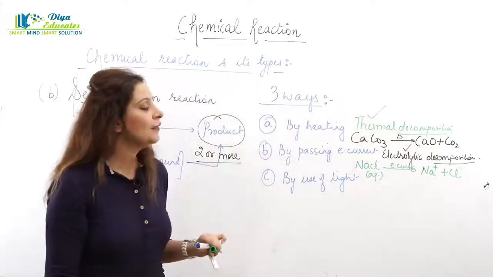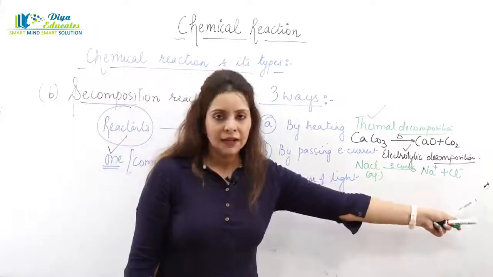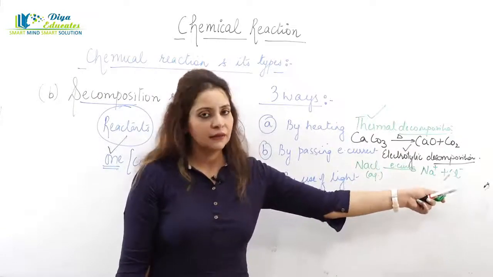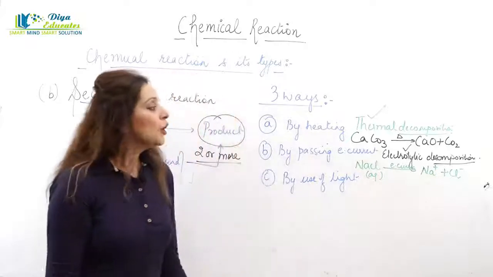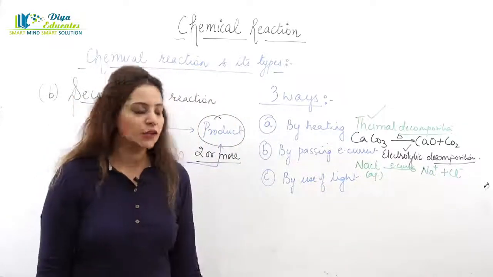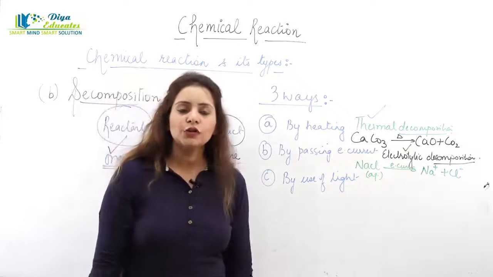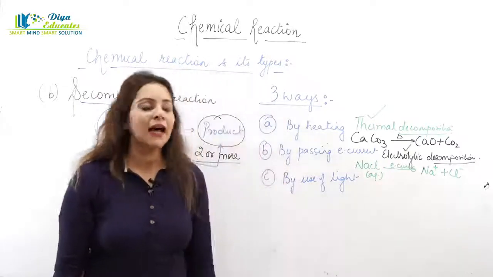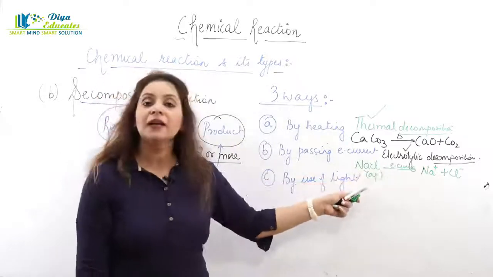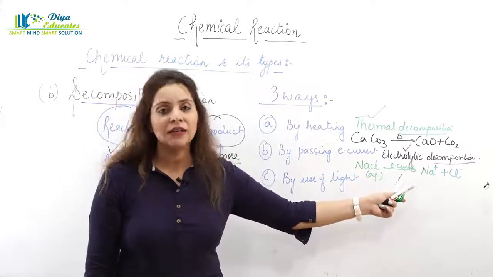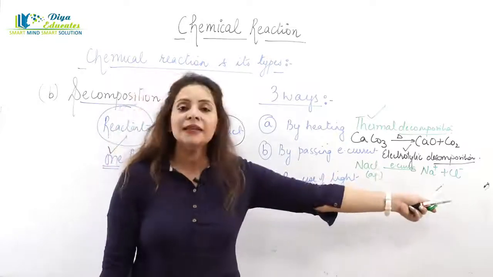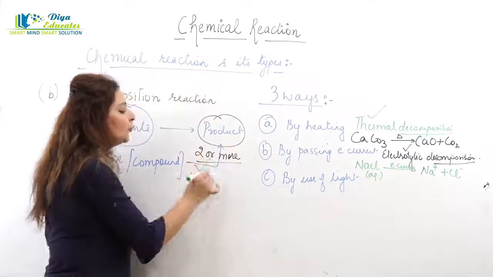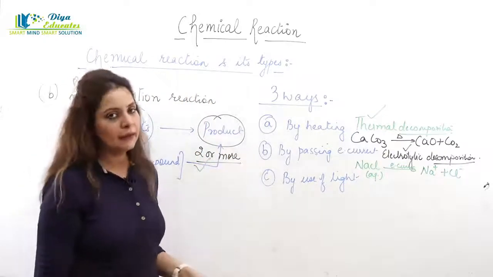So we get the cation and the anion: the positively charged ion, that is cation, and the negatively charged ion, that is anion. This is an electrolytic dissociation. We can take any aqueous solution and pass electric current and it will dissociate to form cation and anion. Here also the products formed are 2 in number, as I told you, products formed are 2 or more.